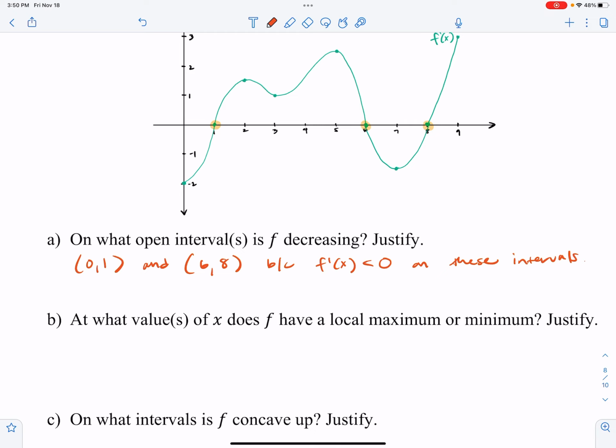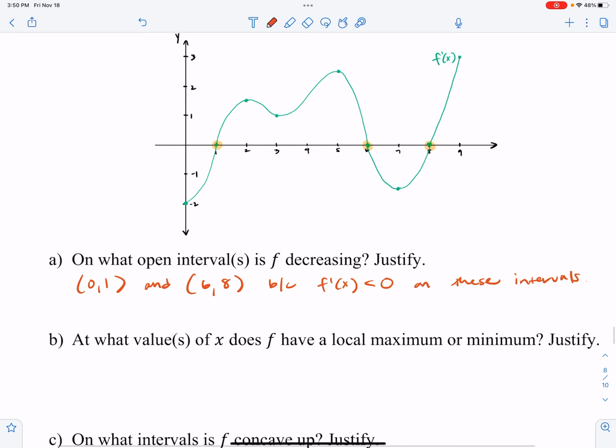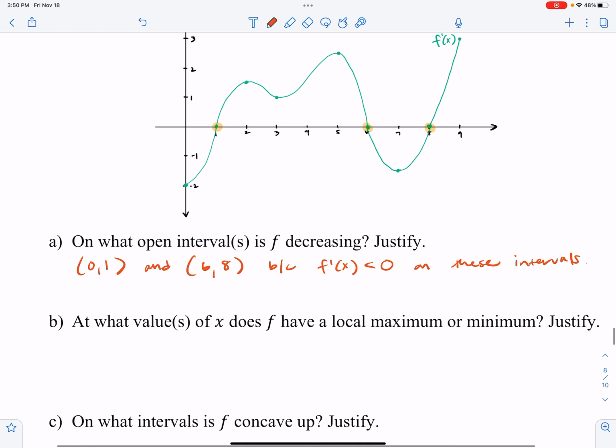So we make this statement first because we're reading a graph. If we were given the equation of a function and we were actually doing the work to solve for critical numbers, that's one thing. That's justifying your critical numbers. But because we're reading a graph, or if you're looking at a table, you need to make sure that you are including justification for those values being critical numbers.